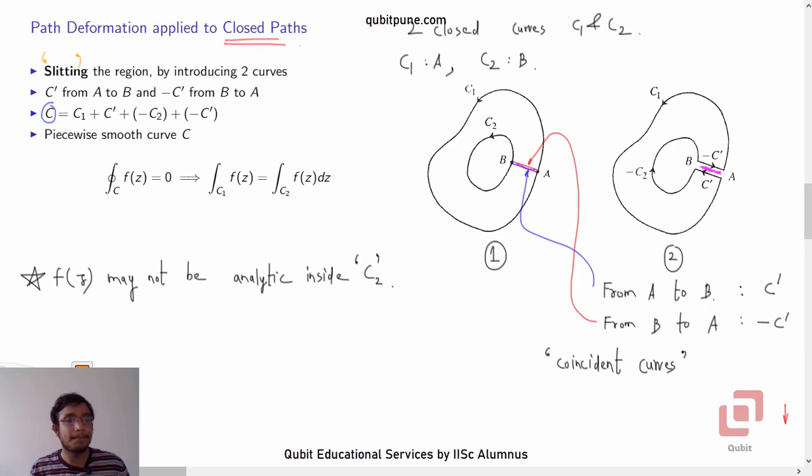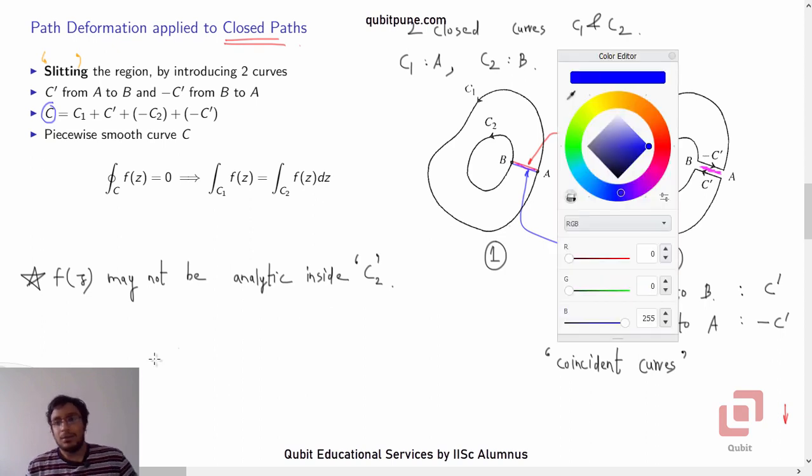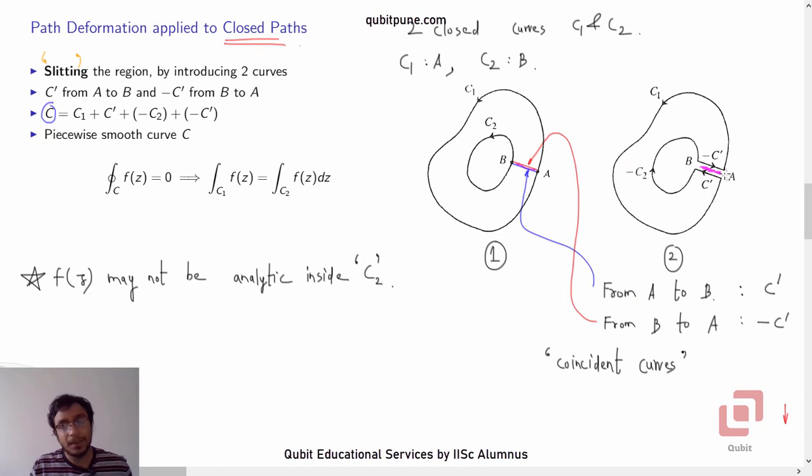Let us start from A. I will go to A again, but this time I'll take a turn and go to B. I'll traverse C2 in the opposite sense. Again I'll go to B, and then I'll go along minus C prime from B to A. So thereby I'll complete a closed curve.